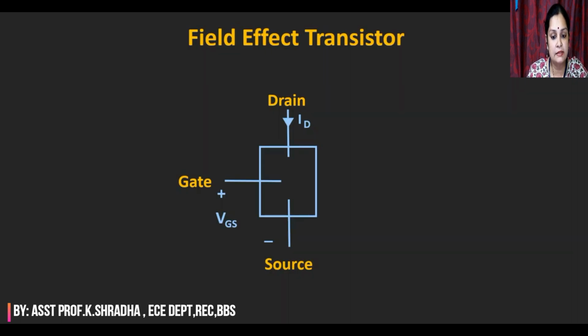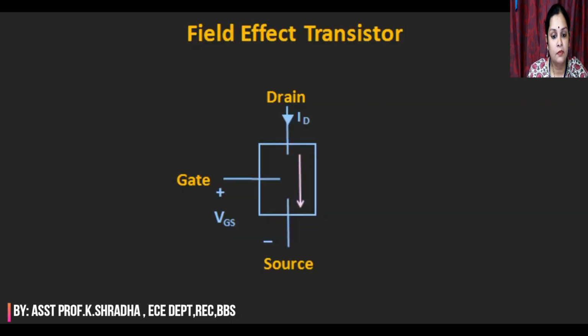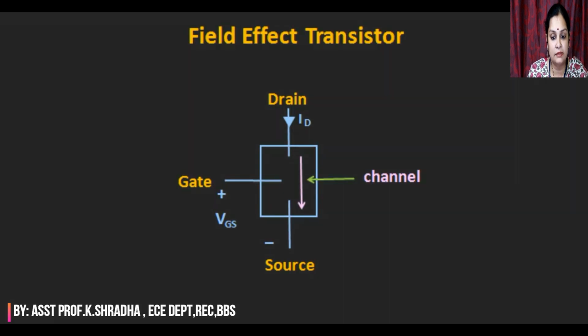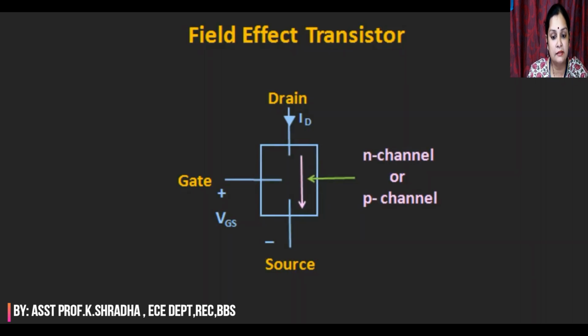Now, as I said earlier, the FET has three terminals, the gate, the source and the drain. And the current flows between the drain and the source terminals. In this field effect transistor, the path through which the charge carriers flow is known as the channel, and this channel is made up of N-type semiconductor or P-type semiconductor.